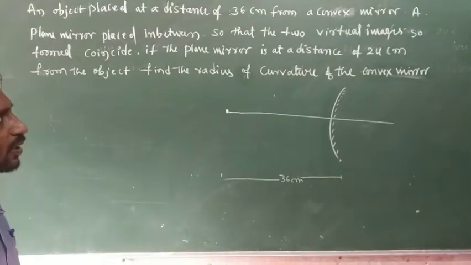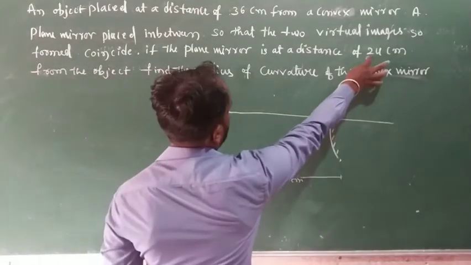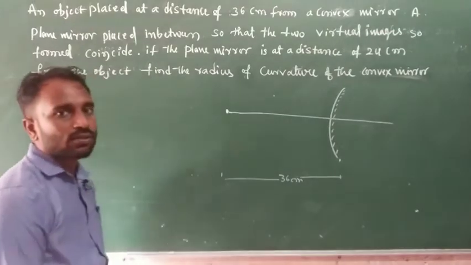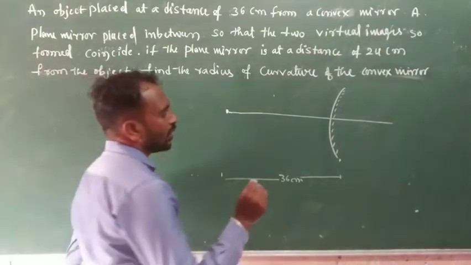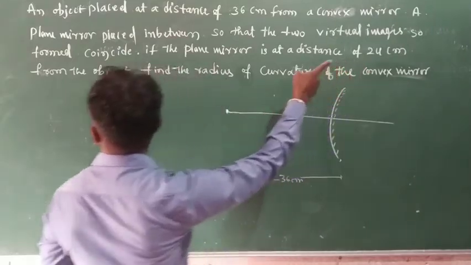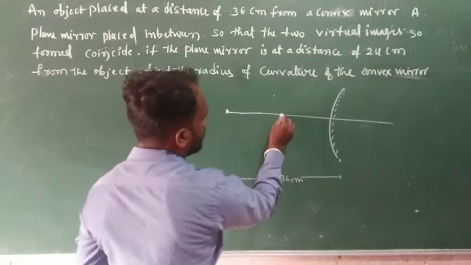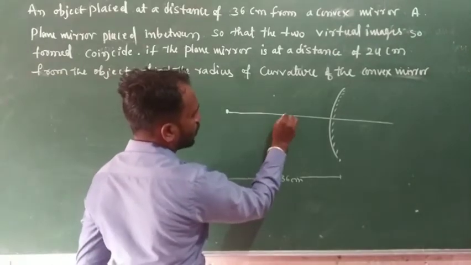The plane mirror is placed in front of the convex mirror. The distance of this mirror from the object is 24 centimeter.